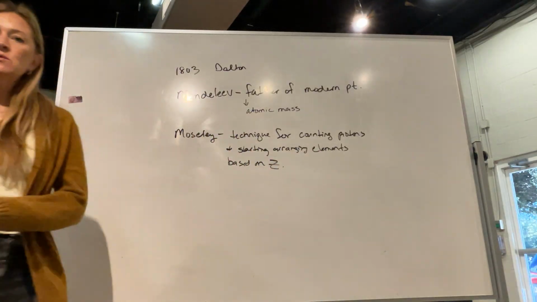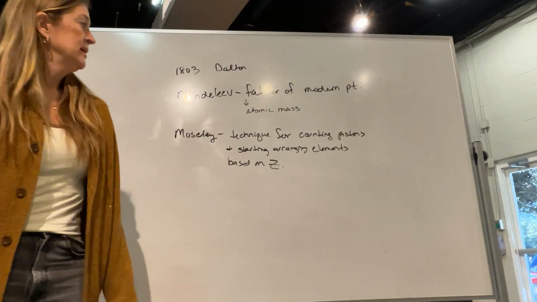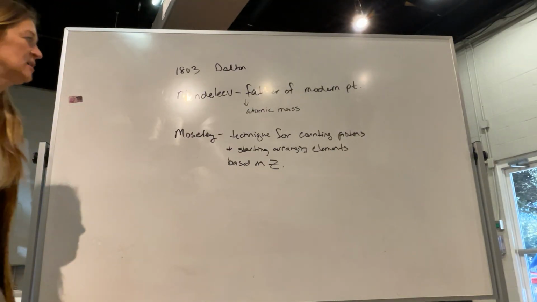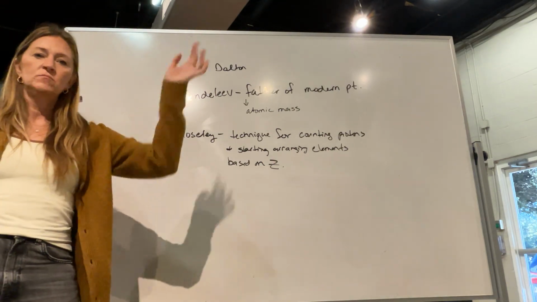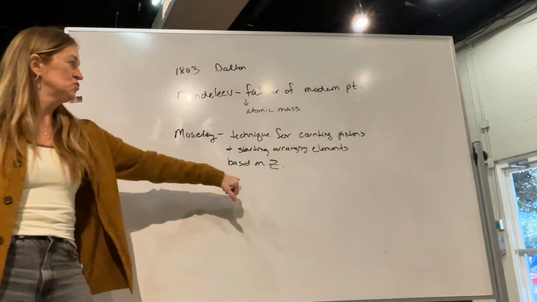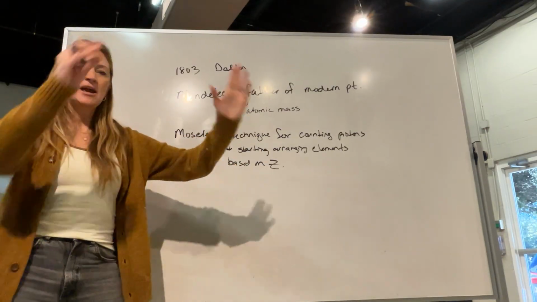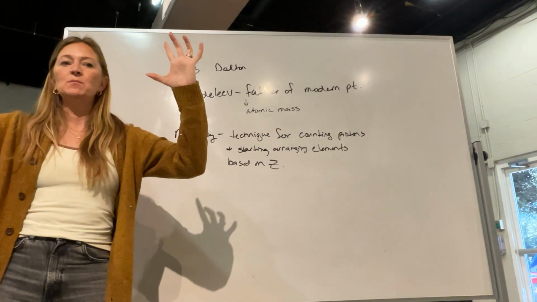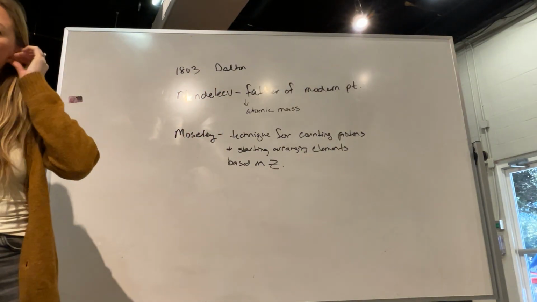All right, so when he started arranging them based on that atomic number, okay? So he knew the number of protons of all of these elements, he started putting them together, and just by circumstance, the atomic mass, like how Mendeleev had it set up with atomic mass, started correlating with the atomic number, okay?